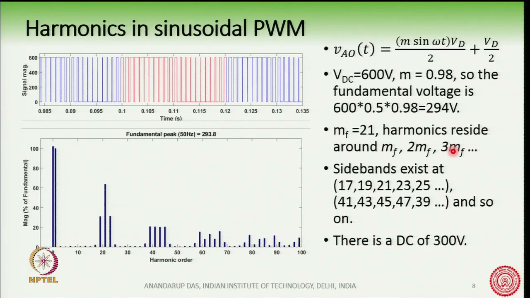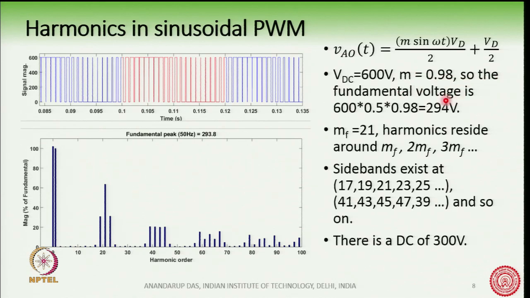Even before we go into the harmonics, let us first see what the fundamental voltage is. So, we know that VAO(t) is m sin omega t Vd by 2 plus Vd by 2. Here we have taken Vd as 600 volts, m is equal to 0.98.